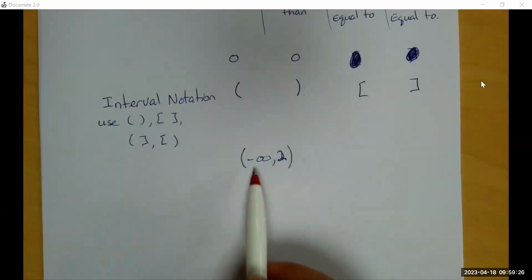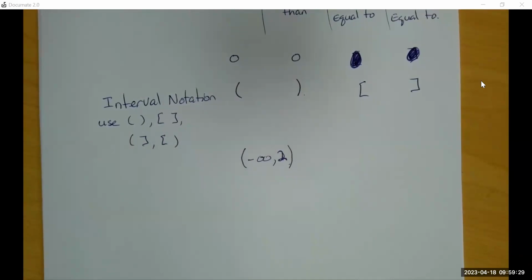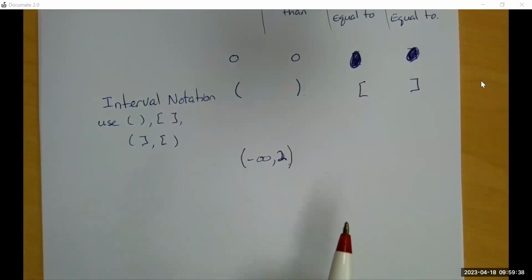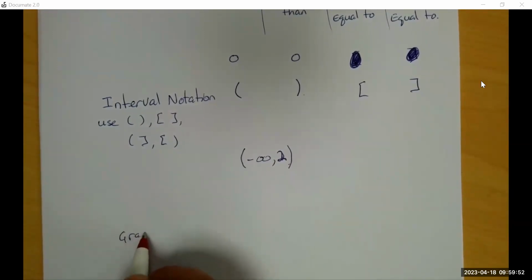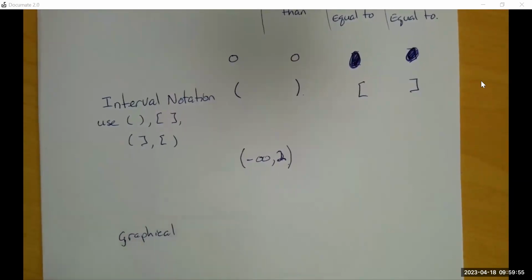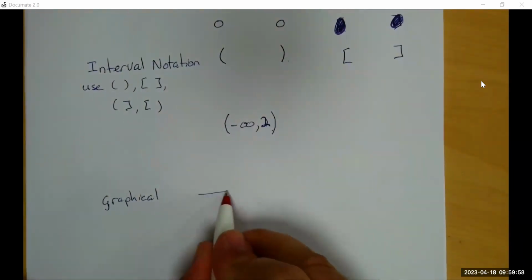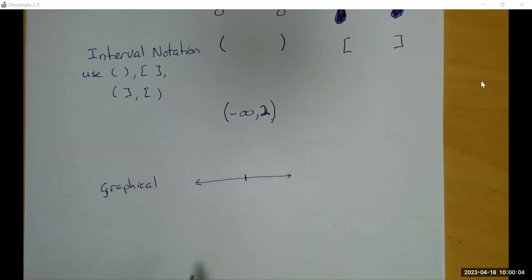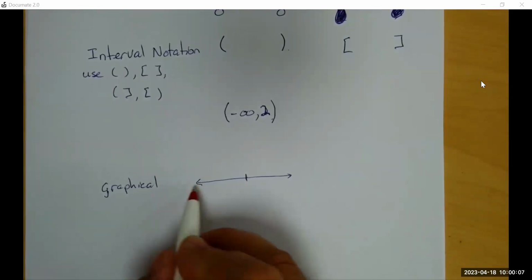So this one, from negative infinity to positive 2. How would I represent this as set notation? It's much easier if we look at the graphs of them. So in this first one, we have a line. 0 is somewhere in the middle. To the left, all the way to the arrow, how far does it go? To what number?